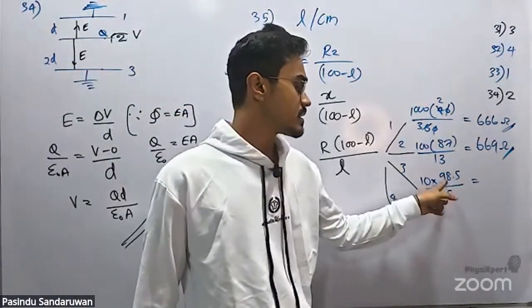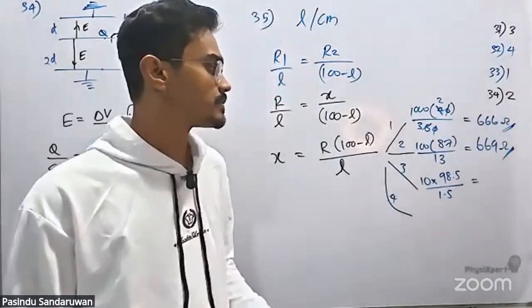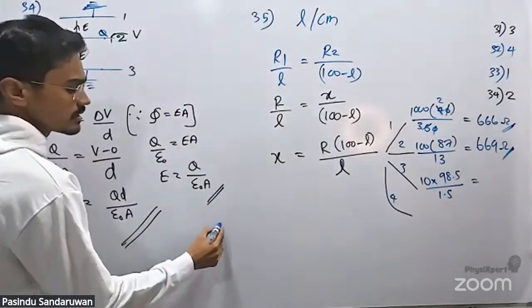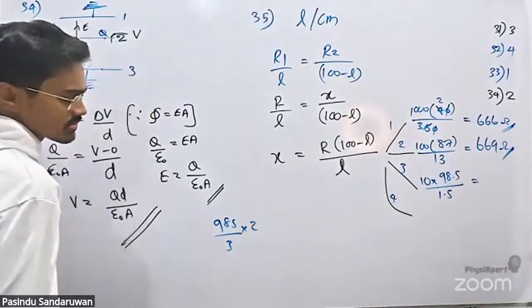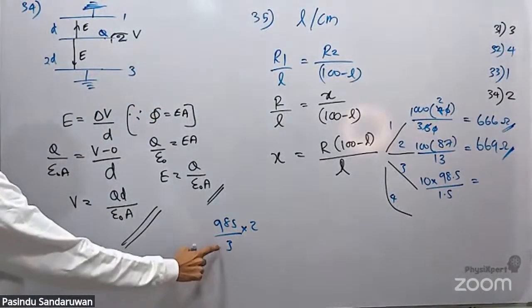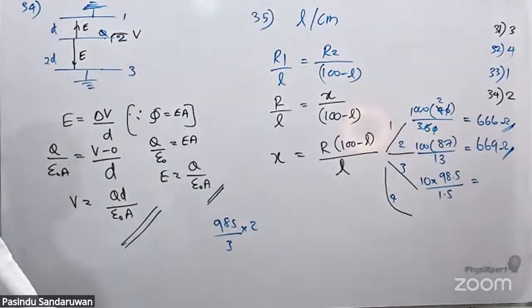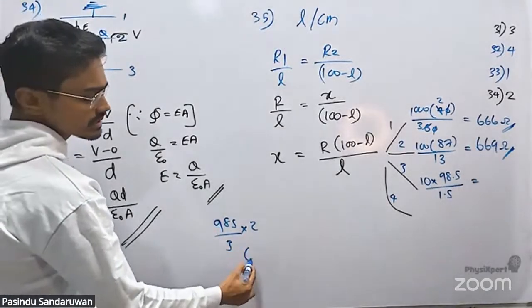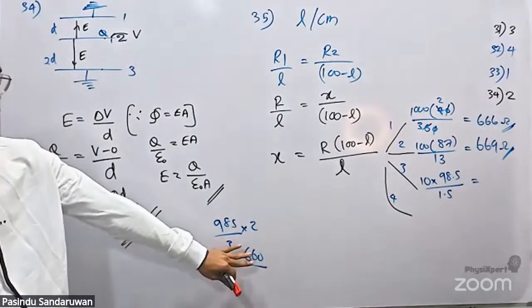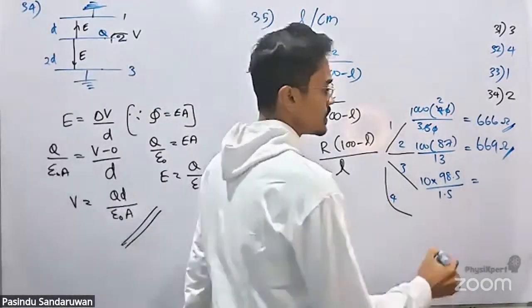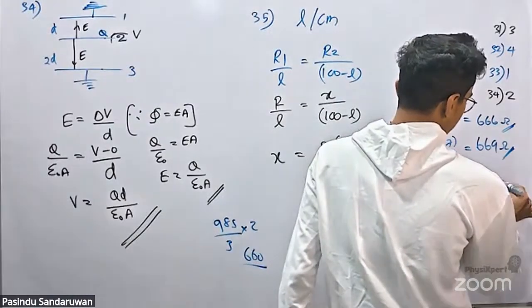Then this is 985 over 1.5. What's the value? 985 over 1.5 means 3 over 2. 990 is divisible by that, so you can quickly see 330. This is around 660. 990 divided, so this is also around 660. Right?